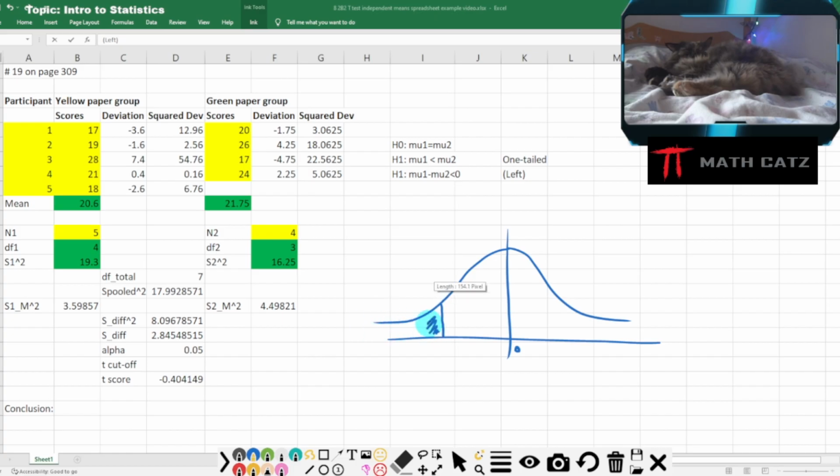What do we consider extreme enough? If it falls in this bottom 5%, then chances are very small that would just randomly happen, with this being the distribution actually.